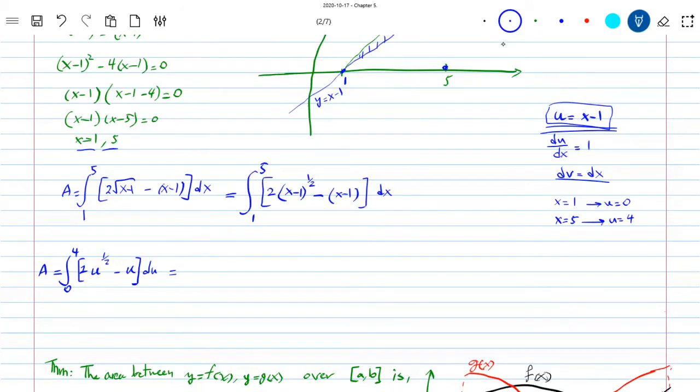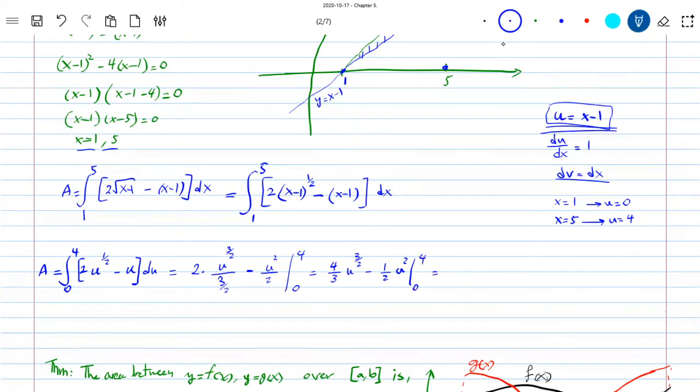Let's simply calculate this. The antiderivative of 2u to the power 1/2 would be 2 times u to the power 3/2 divided by 3/2, minus u to the power 2 divided by 2. Evaluate it from 0 to 4. So you can simplify it a bit more. It would be 4/3 u to the power 3/2 minus 1/2 u squared, evaluated from 0 to 4.